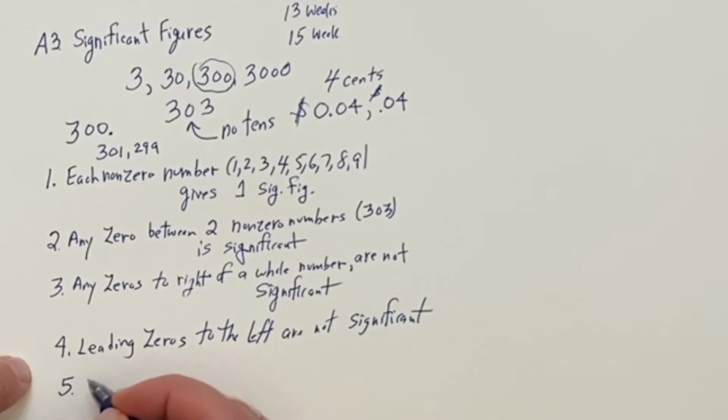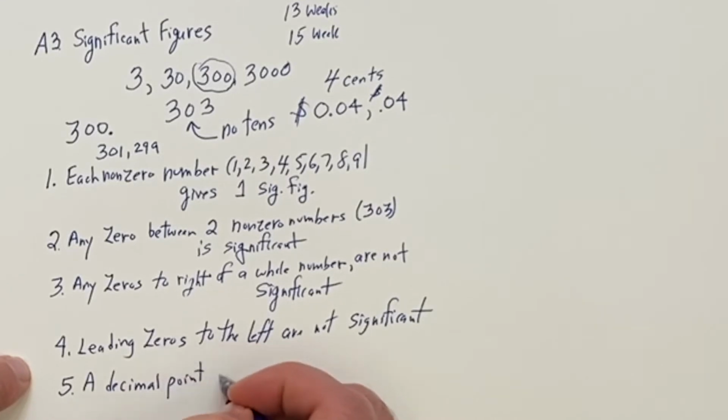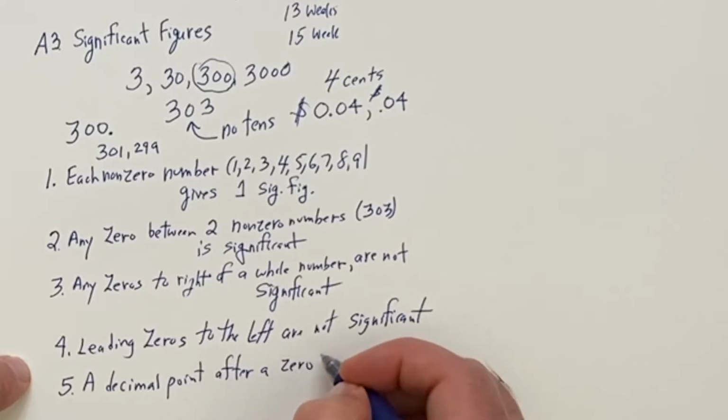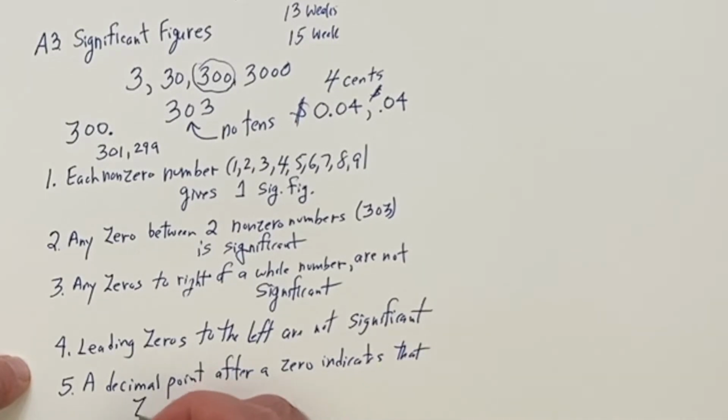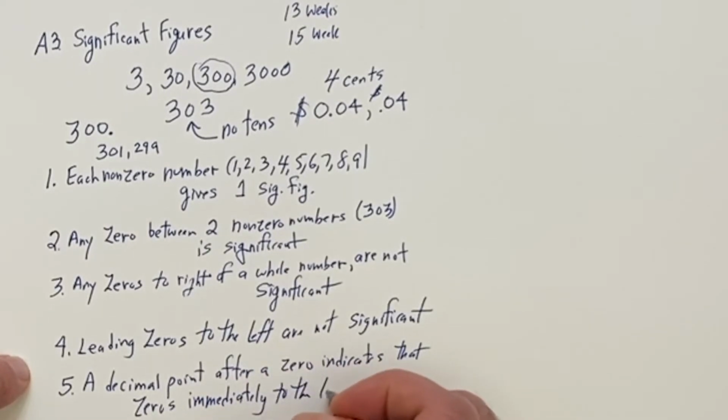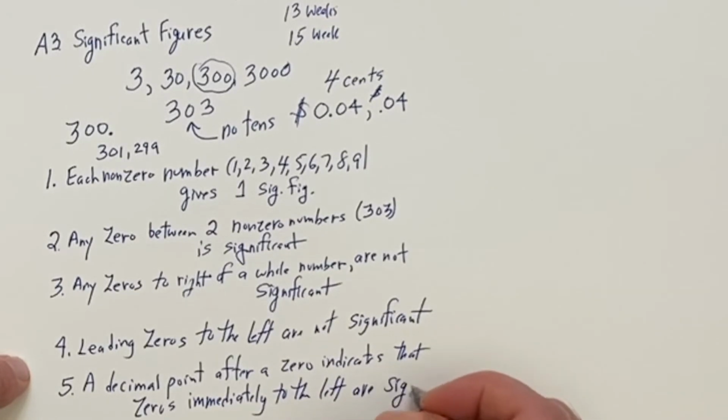So a decimal point after a 0 indicates that zeros immediately to the left are significant.